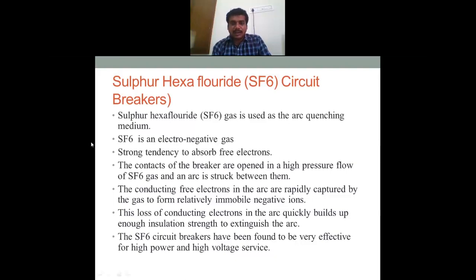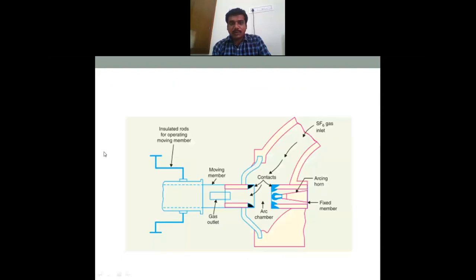Okay. Now next we are going to see the construction of this SF6 circuit breaker. You can see the schematic diagram of this SF6 circuit breaker. Here you can see the SF6 gas entering into the chamber, and this chamber is called the arc chamber.